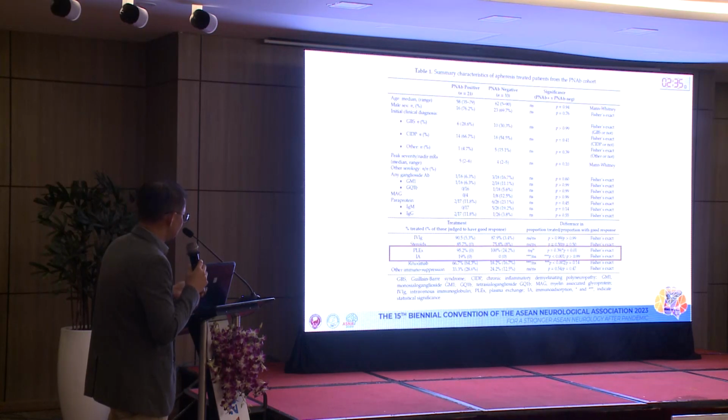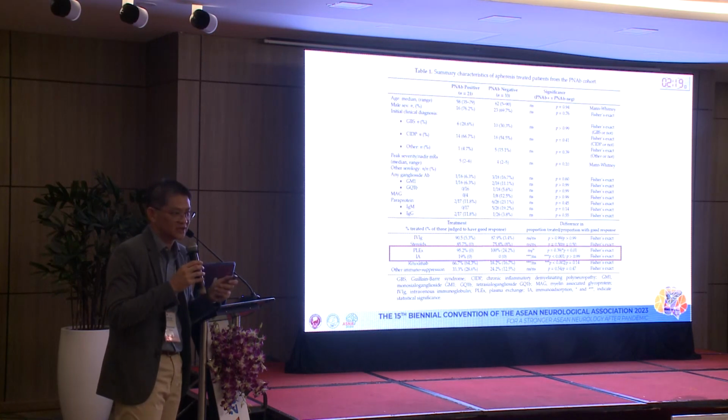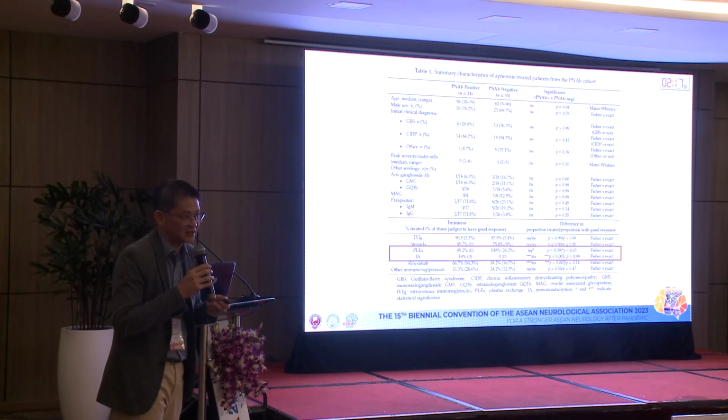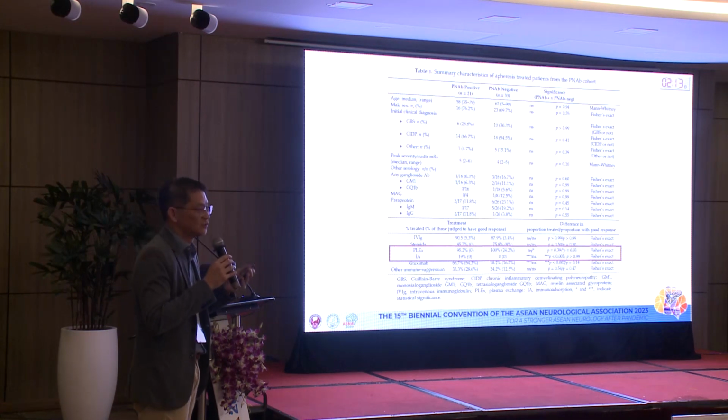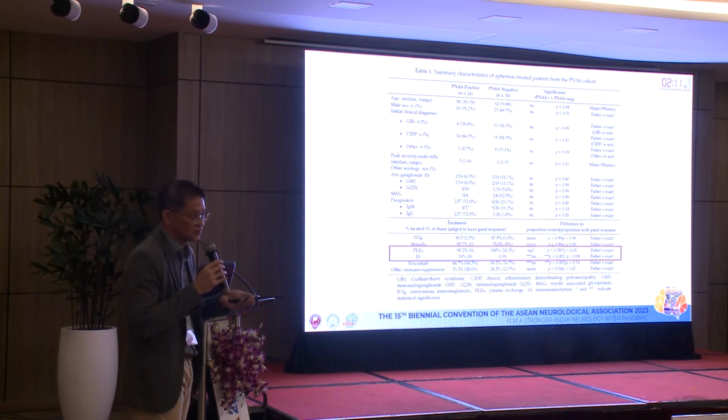You can see from here, for those with paranodal antibody positive, the majority of them received plasma exchange, but none of them was judged to have a good response by the treating clinicians. Meaning that they have some response, but they are not judged to have a good response by the treating clinicians.